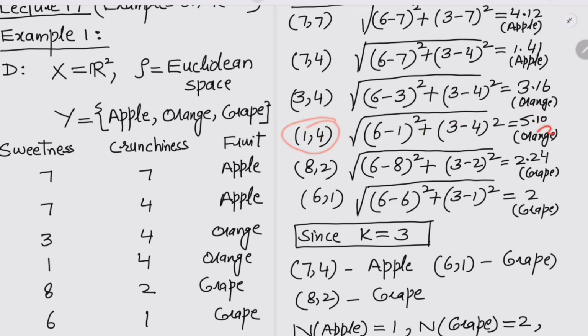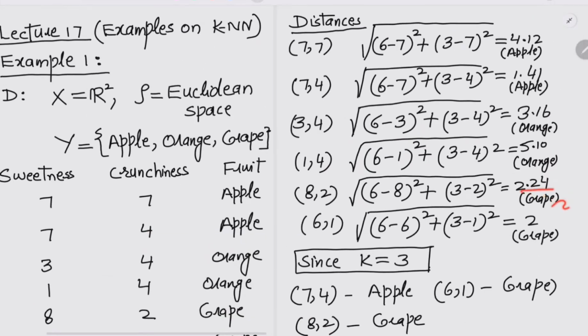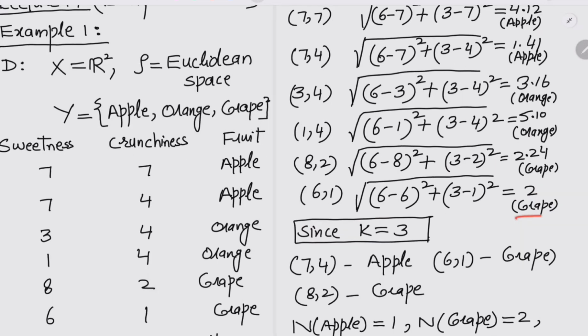Similarly, for 1, 4 we have 5.10, this gives us orange. The distance between 8, 2 and 6, 3 is 2.24, so it is grape, and 6, 1 is also grape.